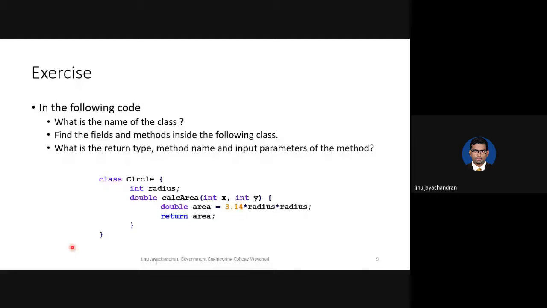We have seen that in the last slides. A field is a different name for variables inside the class. So what is the variable inside the class, if I want to rephrase the question? Radius. Yes, correct.